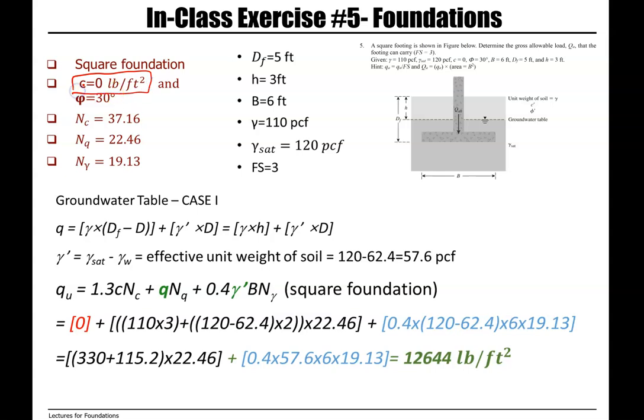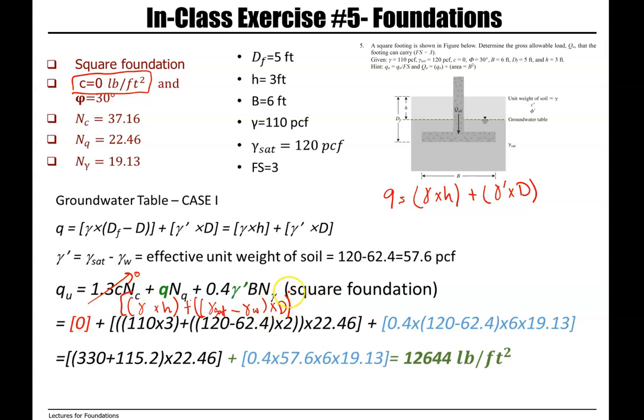C is 0, which makes the first term in our formula equal to 0. Then again, the Q for case 1 is gamma H plus gamma prime D. So we have gamma times H plus gamma prime, which is gamma saturated minus gamma W, times D. So this plus all of this.